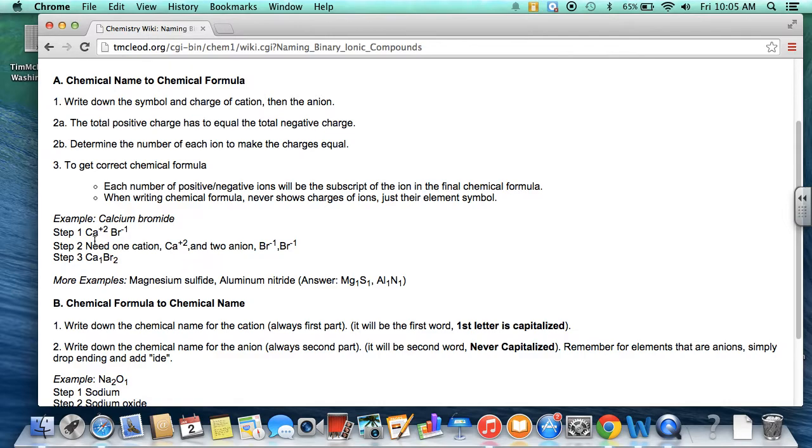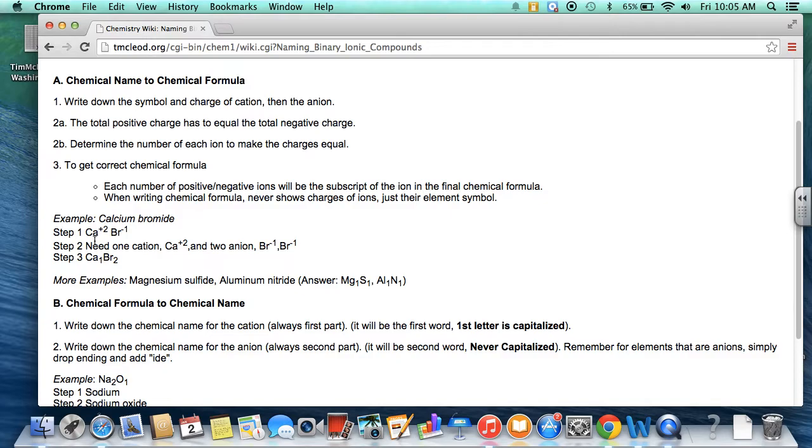So the next guess, using logic, is 1 calcium and 2 bromines. When you do that, you see that the calcium ion loses 2, and each bromine only wants 1. So both of the electrons lost by the calcium are now gained by the two bromine ions. You need two of them because they're each going to take one.